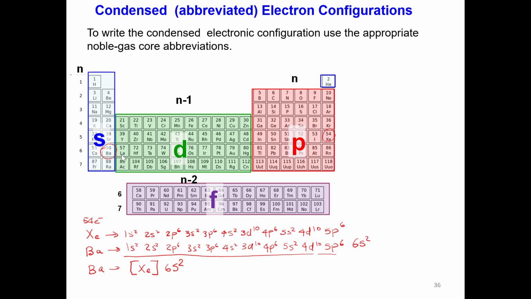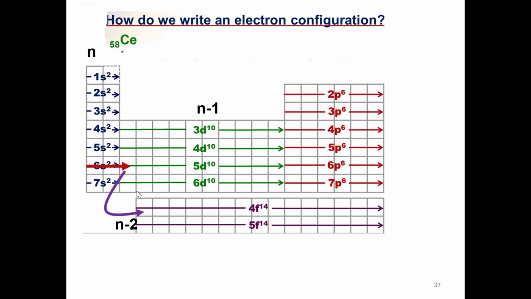We need to be careful when we write the electron configuration, because we need to move from here to here. Let me write here cerium, which is 58, and here lanthanum, which is 57.